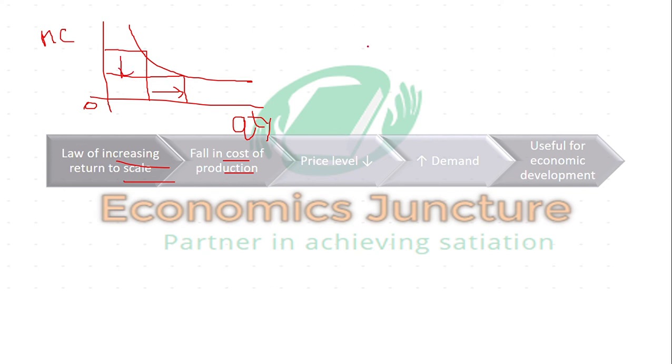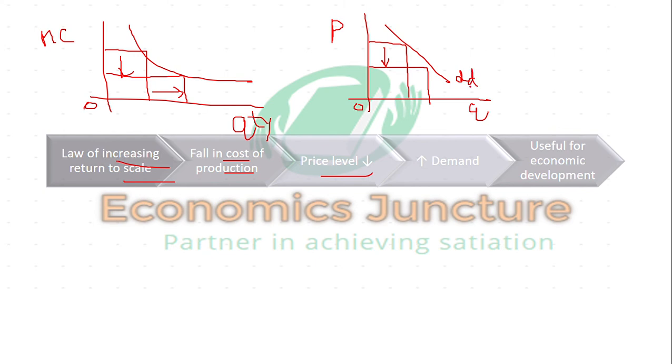Now, as cost decreases, if I draw it again on a demand curve, with price on the y-axis and quantity produced on the x-axis, as cost is decreasing, the price of the item would decrease. So this would translate into a decrease in price level. If the price level decreases, our demand curve DD tells us that the quantity demanded would increase. Now, as demand rises, it is very useful for economic development. You must be knowing it from the Keynes explanation, right?